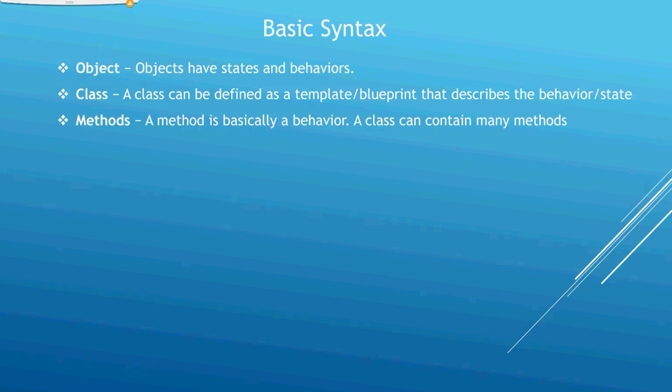And then methods. Let's say you want to implement multiplication and division as two separate processes inside the class. You can create two separate methods in the same class. One method will execute multiplication, the other method will execute division. So a class can contain any number of methods.